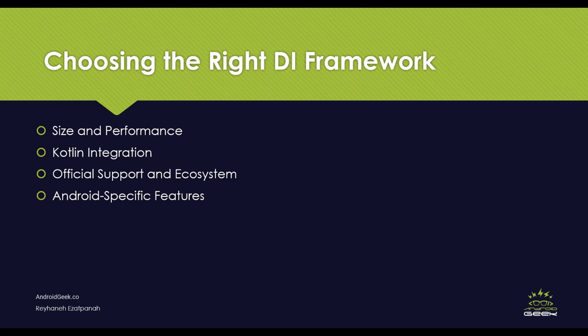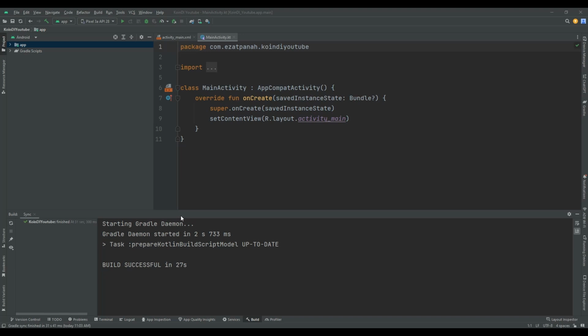So for now, let's go to Android Studio and get more familiar with Koin in the project. Here, as always, I have a new project in Android Studio, and the first step that I should take is adding the Koin dependency in my project.